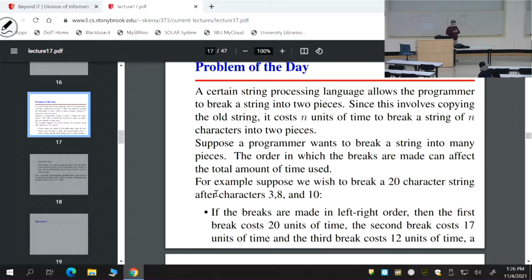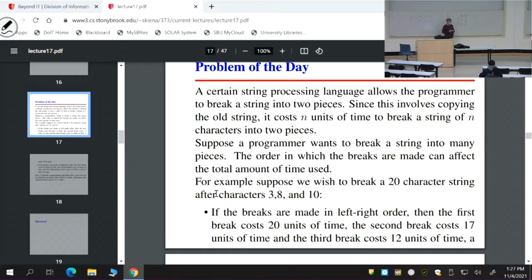The problem in general is to find the cheapest sequence of cuts. Does everybody kind of see that? Okay? Now, so everyone understands the problem, I hope. The question is, how do I come up with an algorithm to find the cheapest sequence of cuts?